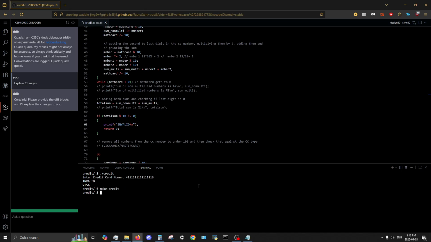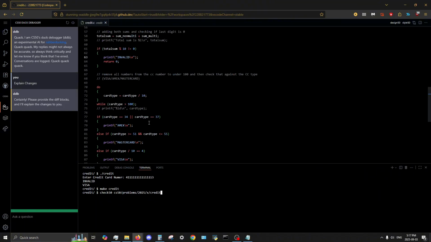Expected invalid, expected invalid, expected invalid. Okay, so that's what he was talking about. So that's why it's important to do a return 0, because then it stops the program here and doesn't let it continue.